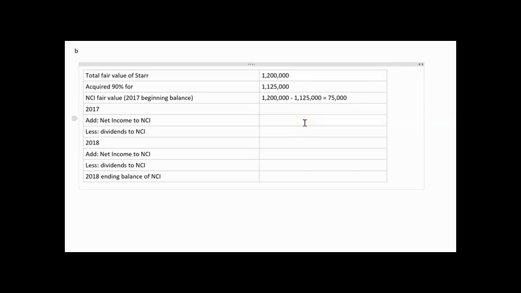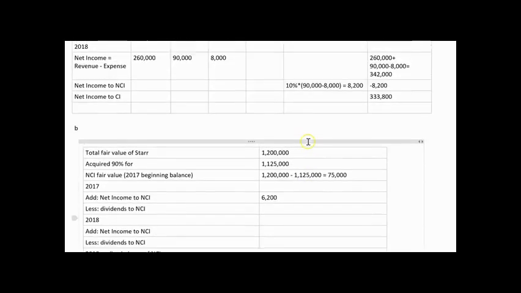This is very similar to how we update the investment in subsidiary with the equity method. In 2017, the net income allocated to non-controlling interest is 6,200, a number already calculated in this table.